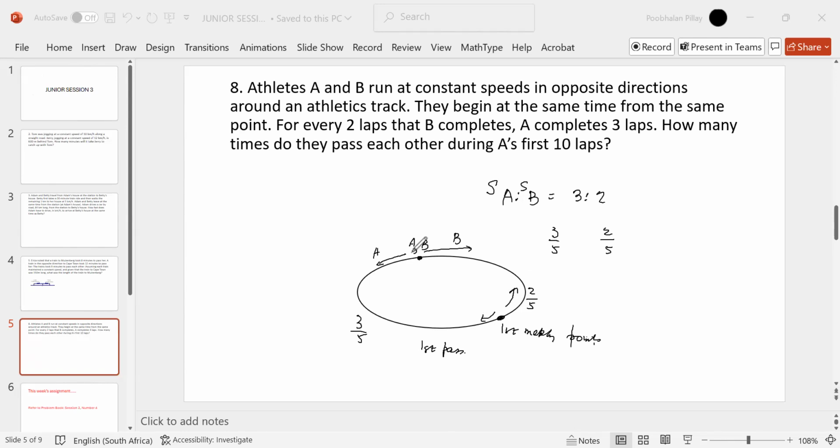It's like this whole thing is being repeated, but from this point onwards, right? So A would have traveled 3/5 of a lap when they meet at the first meeting.